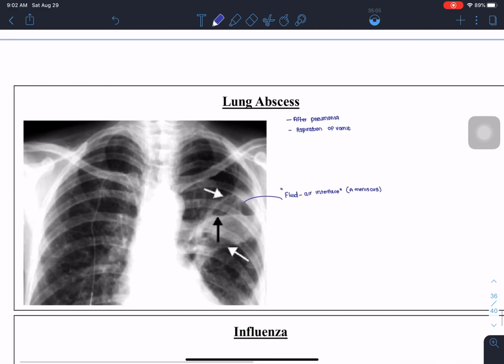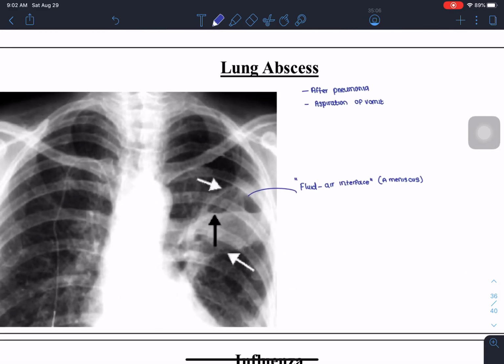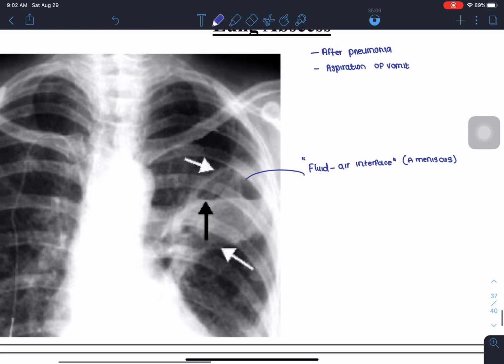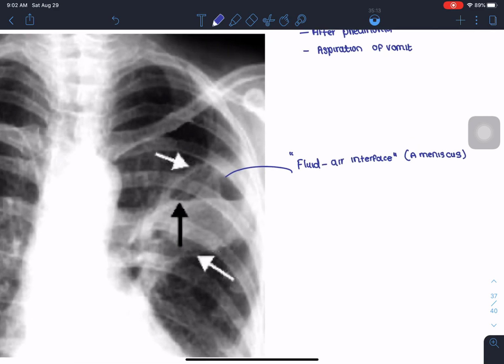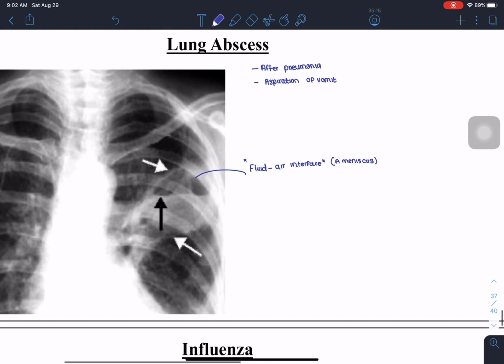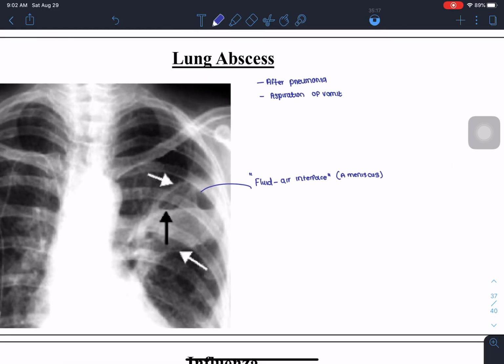Next, we have lung abscess. This is something I need you to remember for radiology. You get it usually after pneumonia, or let's say a foreign body, aspiration of vomit. This is common in alcoholics, and a reason they can die.